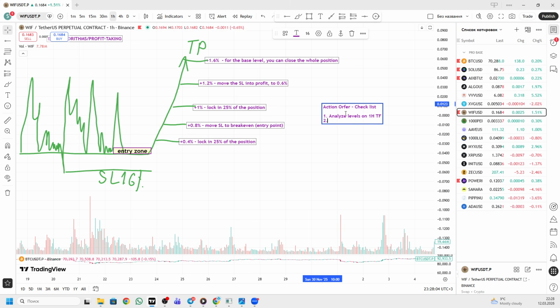It's important. Second, draw the levels, then check the wick throughs and calculate the stop loss.